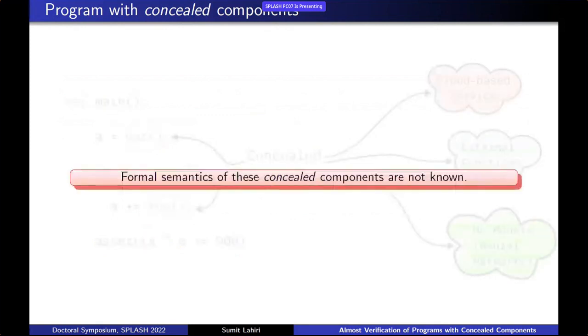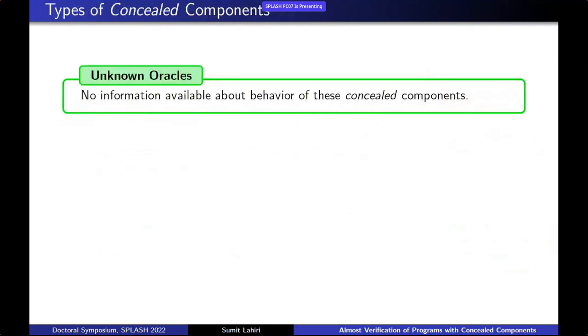Now, given this context, the formal semantics of such concealed components are not known, so verification becomes very hard for such programs. We divide the concealed components into three parts. One which are absolutely unknown, we have no idea what the behavior is, we have no semantics available for them.